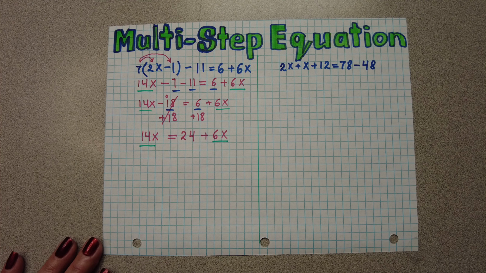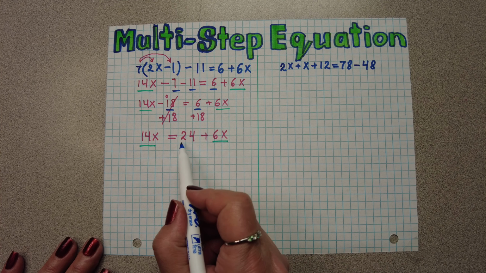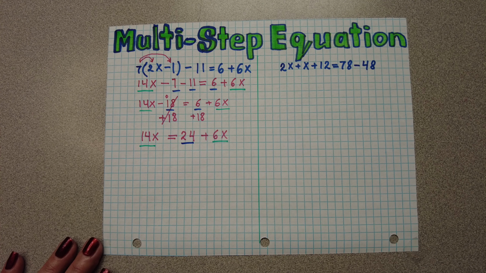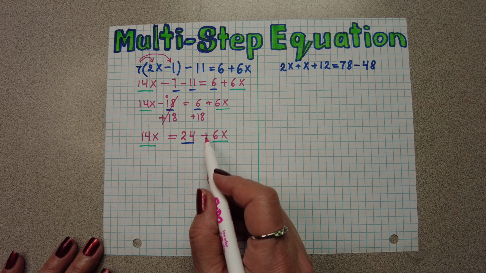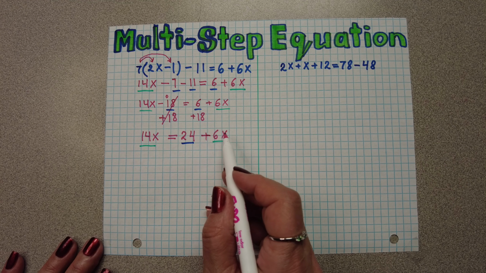So our next operation will be to bring all unknowns to the left. We have plus 6x here.